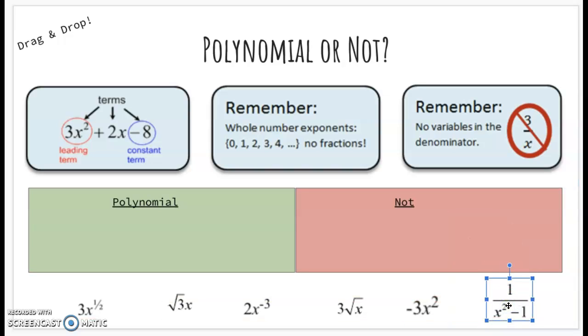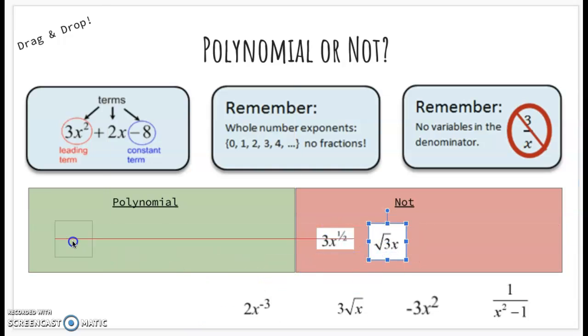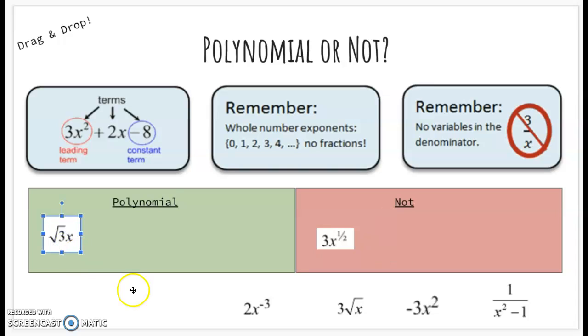Okay, so now you've probably unpaused the video, so let's check out the answers. First of all, we cannot have fractions in our exponents. We know that first one is not a polynomial. We also can't have a radical x, though we can have a radical 3. So that is an example of a polynomial. Here we've got a negative exponent on our variable, so that is not a polynomial.